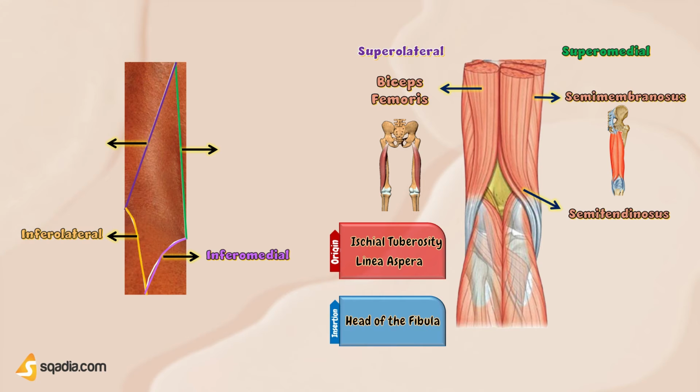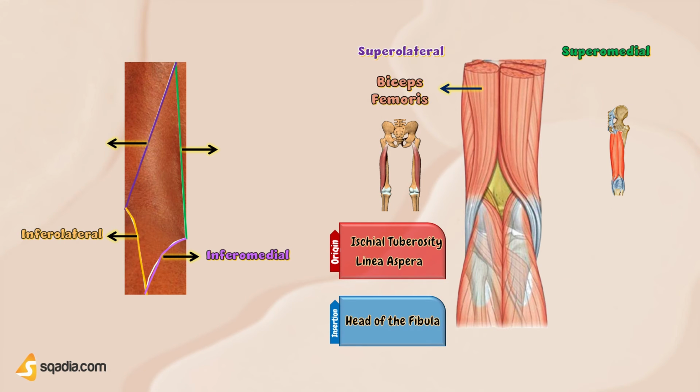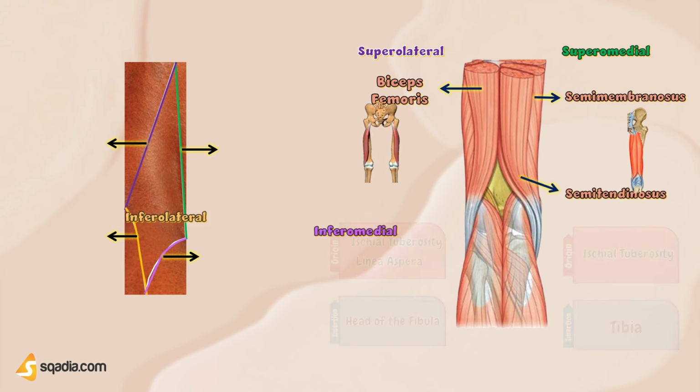While at the superomedial aspect, semitendinosus and semimembranosus are present. Semitendinosus and the semimembranosus are also part of the hamstring group. Both these muscles are part of the posterior compartment of the thigh and run down the back of the thigh. They originate at the ischial tuberosity and insert at the tibia.